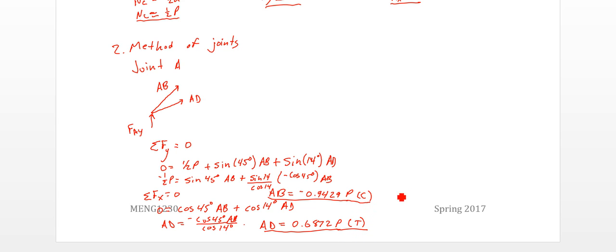There we are. Second joint, I'll do D. So we have AD, DC, BD. These are pulling on these joints here. And then we have P coming down. Sum of our forces in Y equals 0. 0 equals negative P minus 2 times 0.6872 P plus BD.